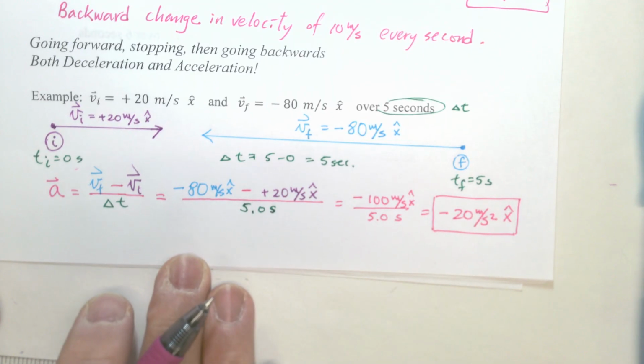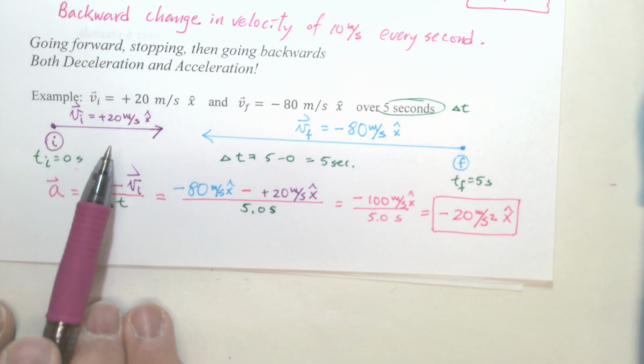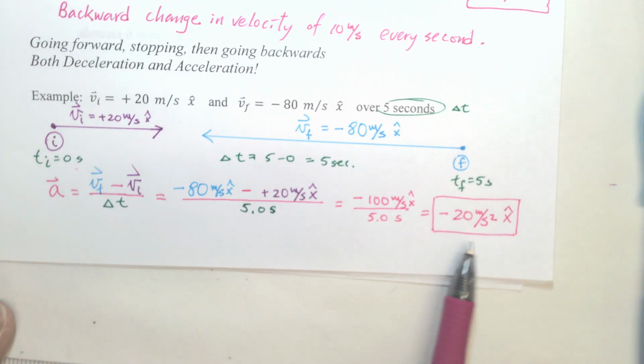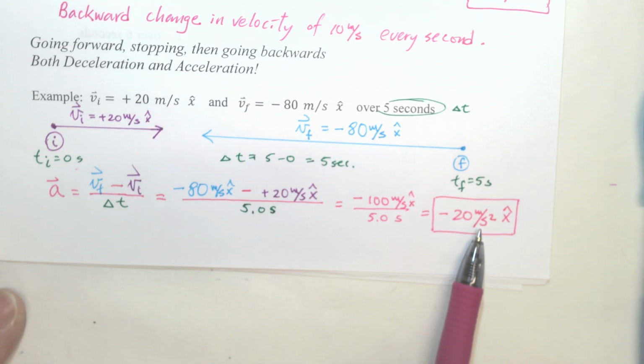So, what's happening? Initially, I'm going in the positive direction at 20 meters per second, but I have a pull of negative 20 meters per second every second.